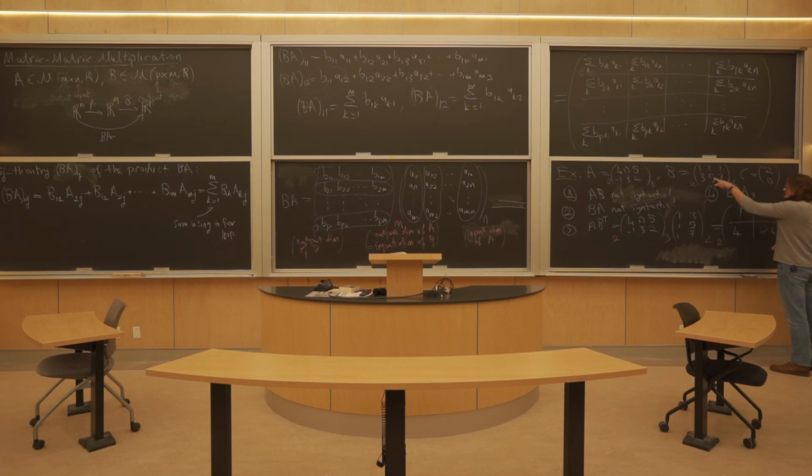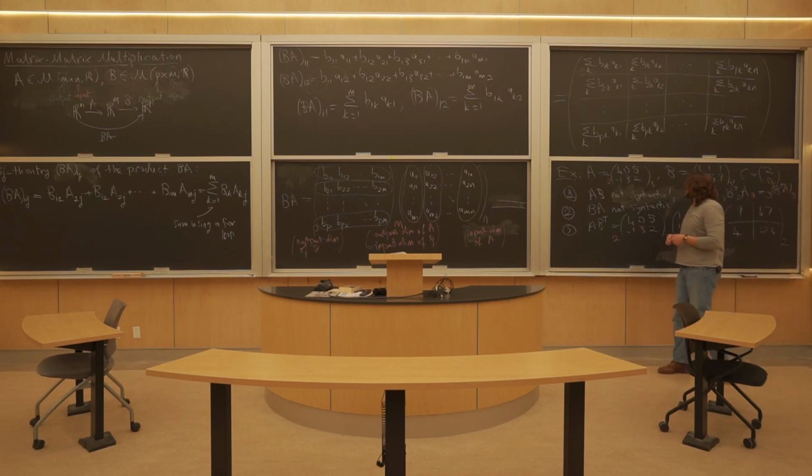But then B transpose takes a 2-dimensional input and produces a 3-dimensional output. Which means that whatever this is will be a 3 by 3 matrix this time. Okay? I'm not going to do this computation. Let's do one thing.